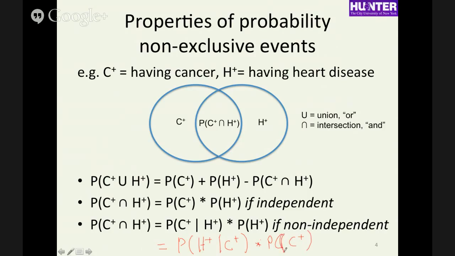So when you say it out in English, it makes sense, right? Your probability of having heart disease and cancer would be your probability of heart disease given that you have cancer times the probability of having cancer.